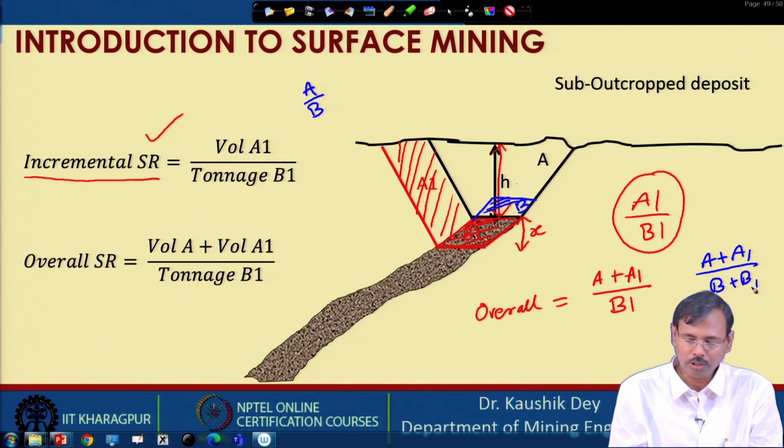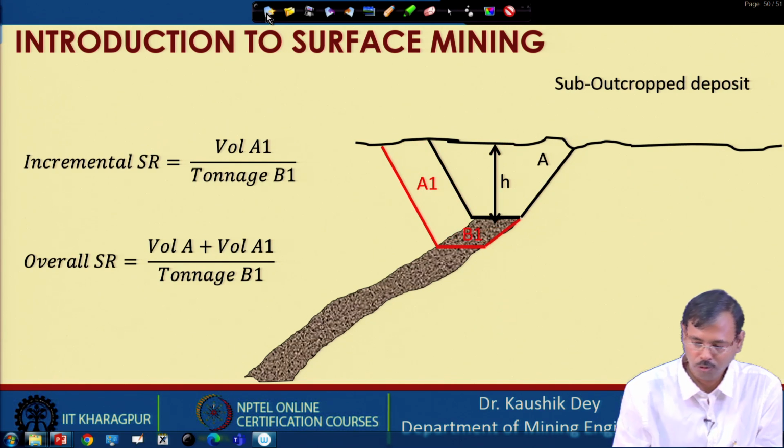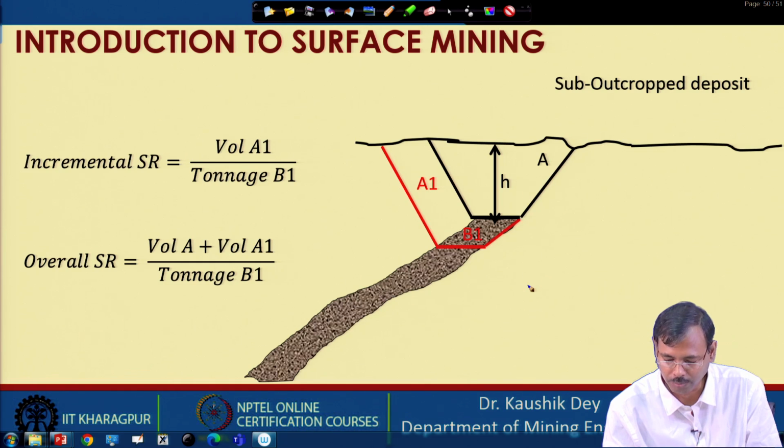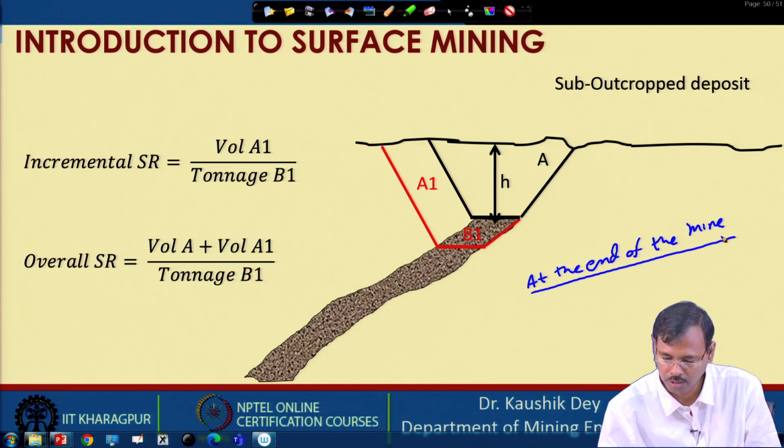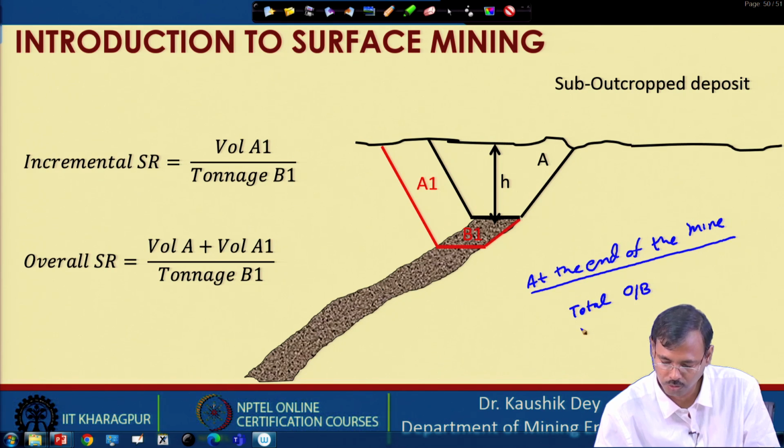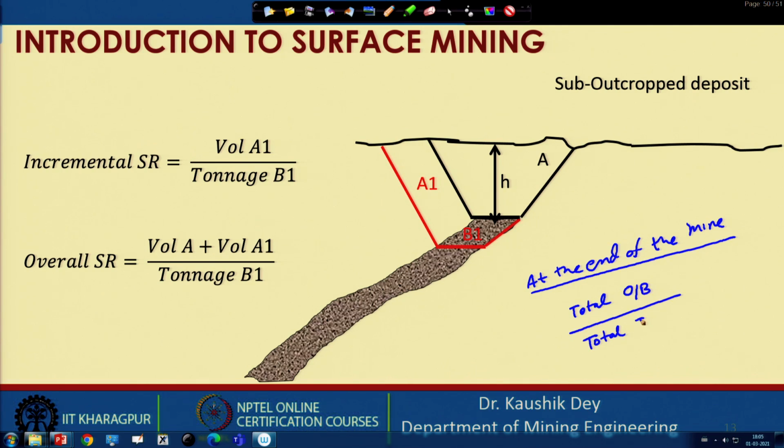So, overall stripping ratio means, at the end of the mine, the total overburden removed divided by the total tonnage of ore excavated is called the overall stripping ratio.